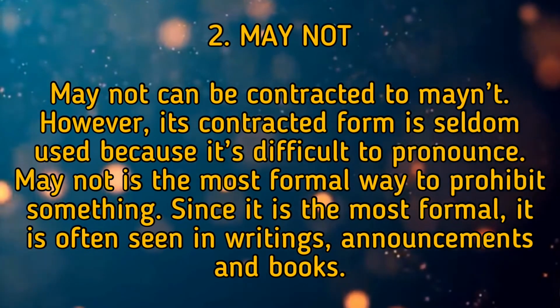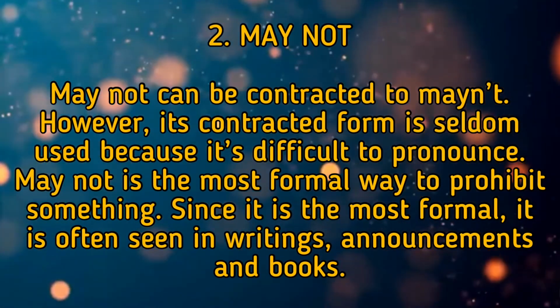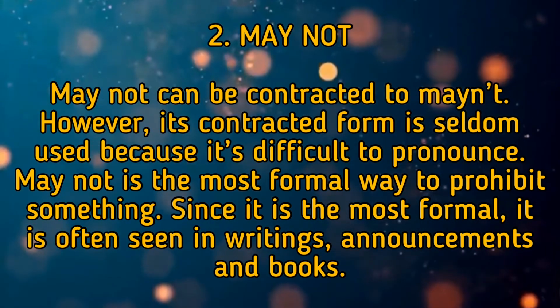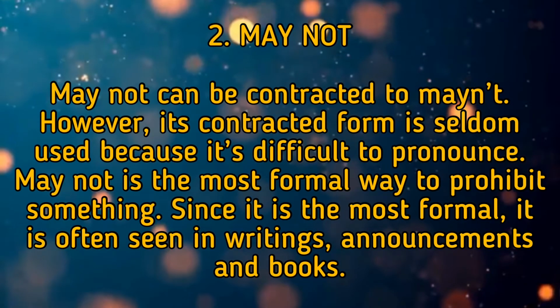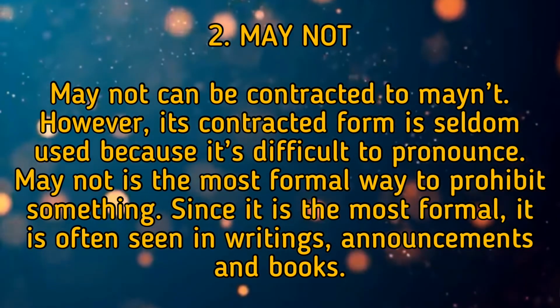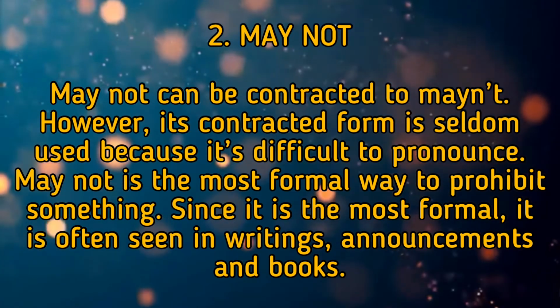Now, let's proceed to the second modal verb of prohibition. It is the word may not. Like the modal verb cannot, may not may also be contracted to mayn't, spelled as M-A-Y-N-apostrophe-T.